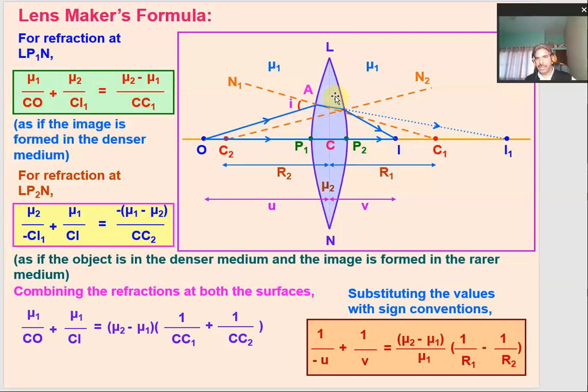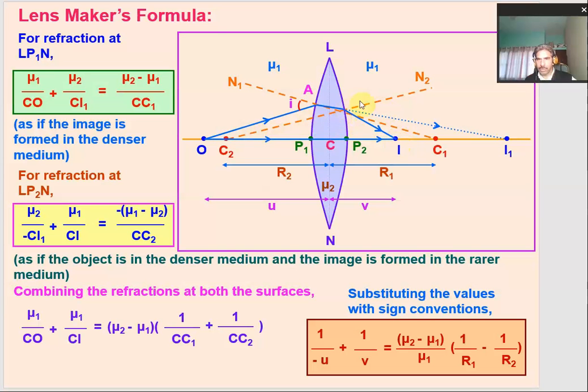Now what happens? There comes the second surface. Now we will see how the final image is formed. It is formed at a closer point I. Because there is a second surface, the light ray is bending again, because it is moving from a denser medium to the rarer medium, and it bends away from the normal.